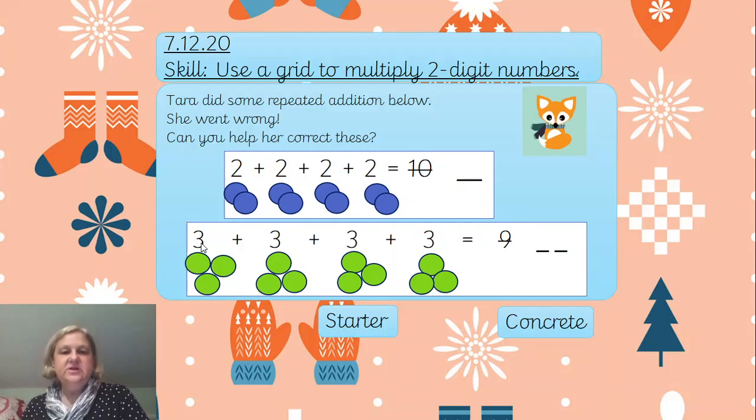And this one, she's got 3, add 3, add 3, add 3, which does not come out to 9 because that would be 3 lots of 3. So let's have a look and count up in 3s. 3, 6, 9, and we would get 12. So that's her final answer.